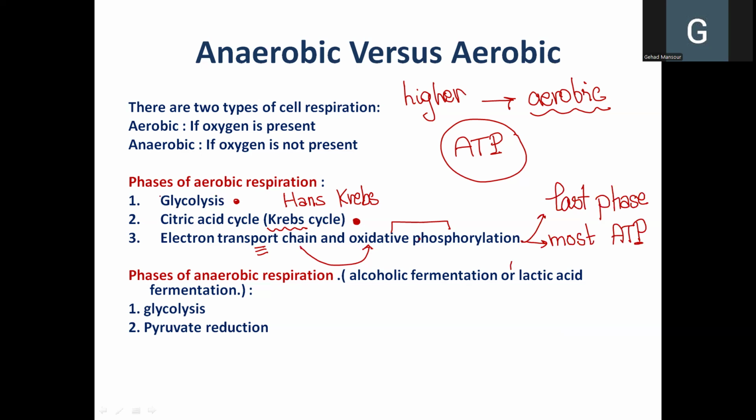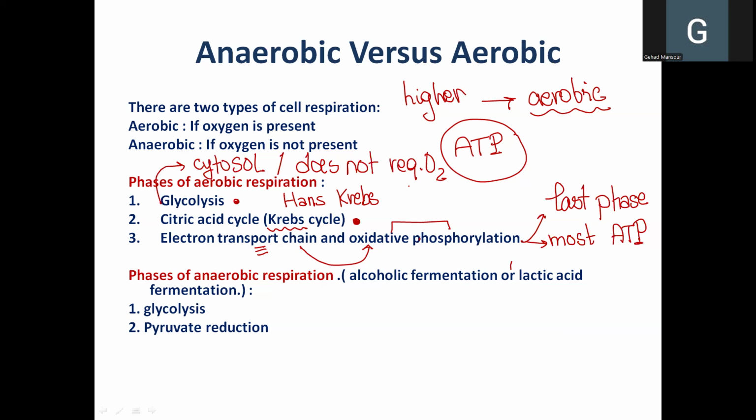It is worth noting that glycolysis occurs in the cytosol of the cell, and that it does not require oxygen. So although it is part of a whole process that requires oxygen, for this first stage of aerobic respiration, which is glycolysis, and which occurs in the cytosol, oxygen is not a requirement.